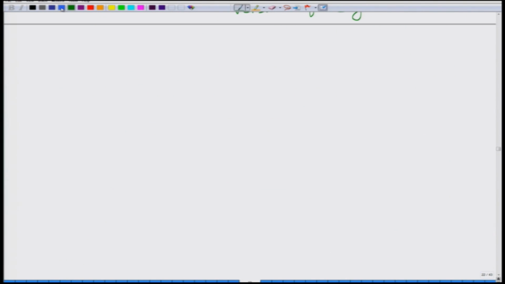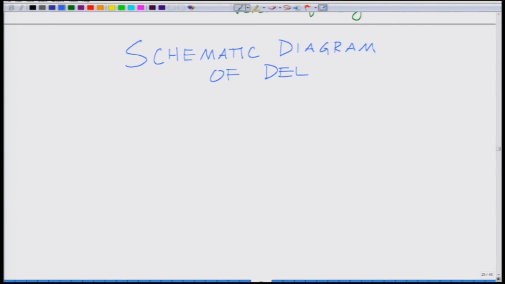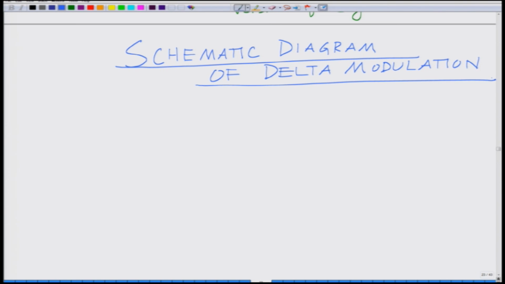So now let us look at a schematic diagram for the delta modulator, the schematic diagram of delta modulation.